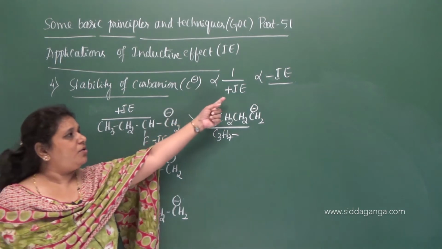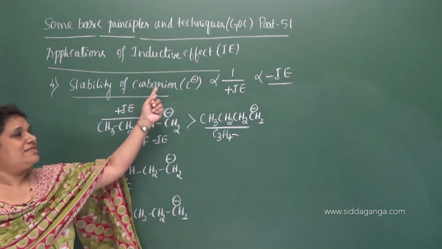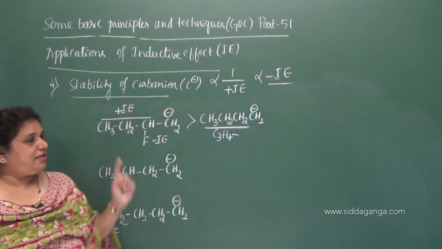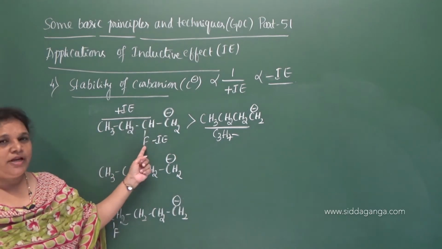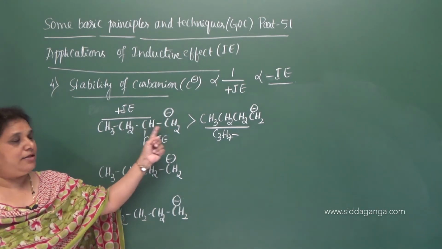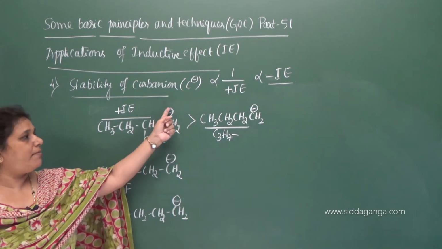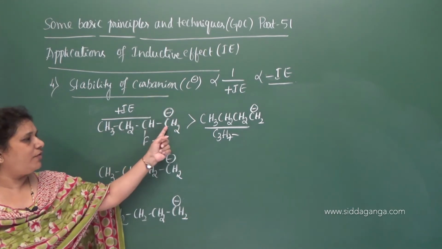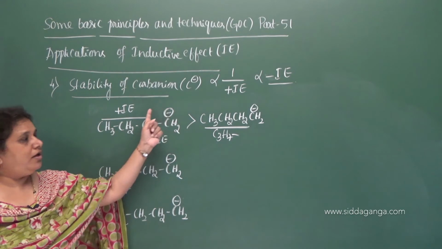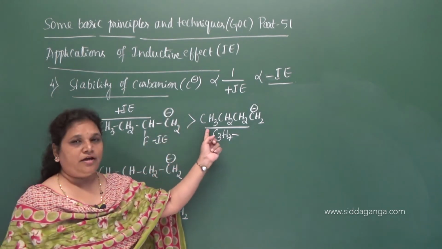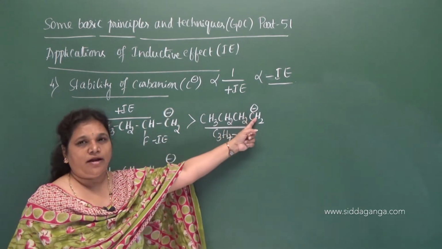When the magnitude of plus I effect decreases, stability increases. Therefore, this fluorine attached butyl carbanion, 1, 2, 3, 4, is more stable compared to the butyl carbanion.